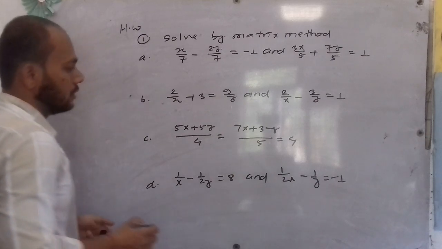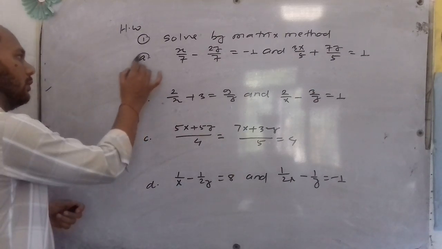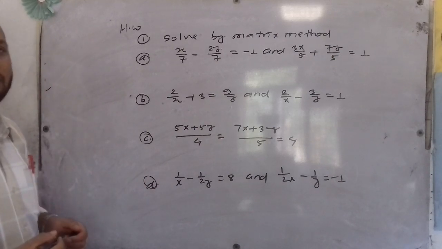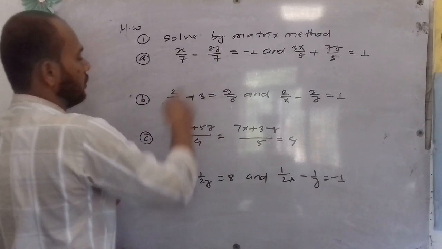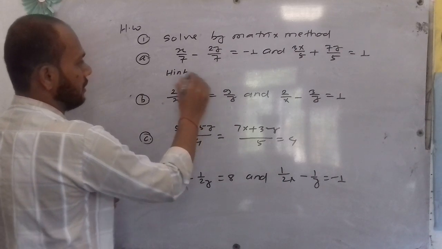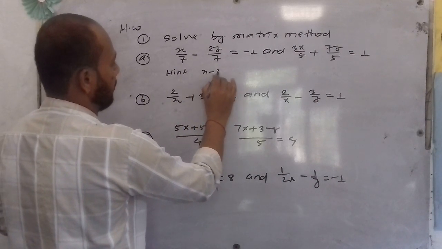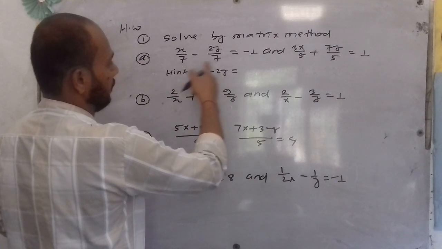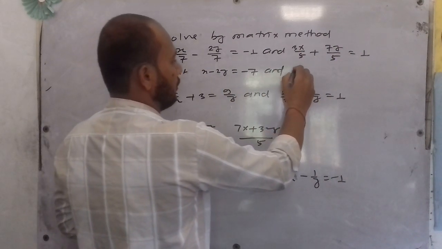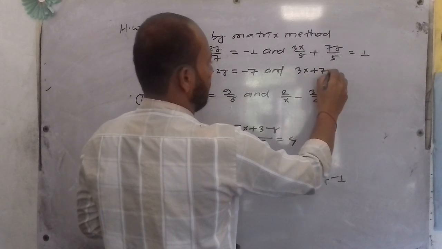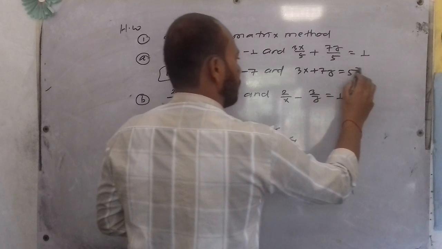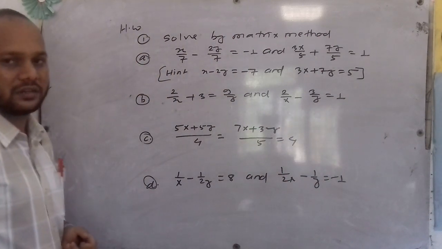Now my dear students, this is your homework, and in some questions I am going to give a hint. In these types of questions, first you should take their LCM, then we have x minus 2y is equal to, and cross multiply, minus 7, and from here 3x plus 7y is equal to 5, and then you should solve by the matrix method.